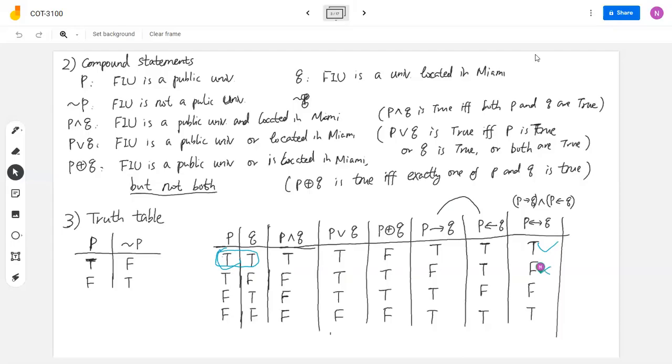So that means P and Q are not equal. The third row is P is false, Q is true, and they are not equal. And the last one, both are false, they are equal. So that makes perfect sense. This is just P equals Q. P and Q are equivalent.